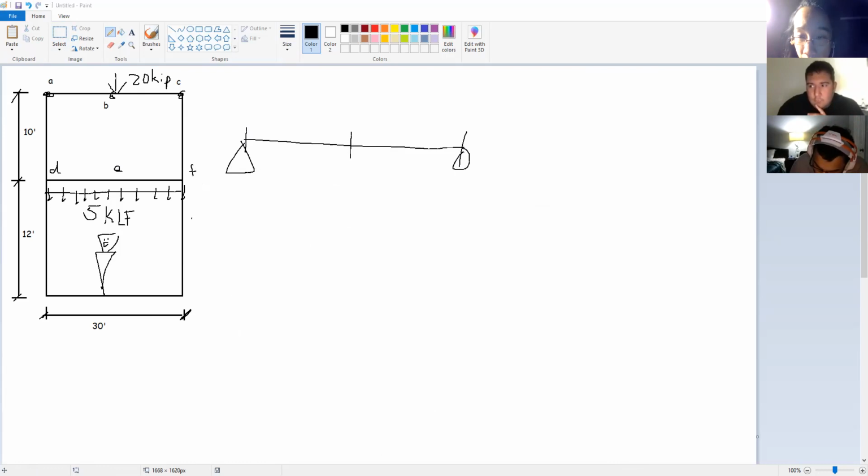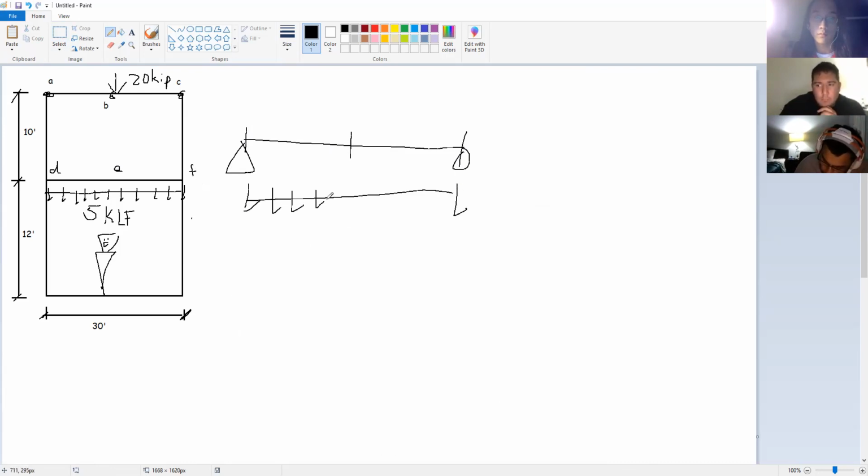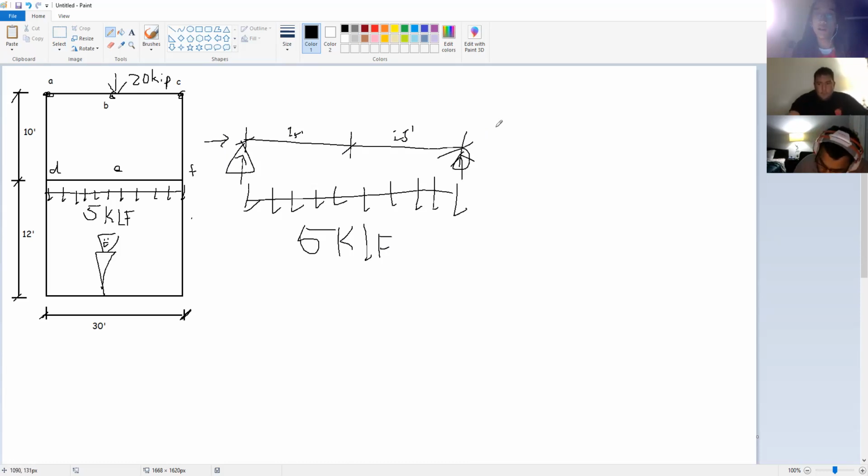We had a pin and a roller. Five KLF, that's 15 feet, 15 feet. So there's a reaction right there, and a reaction right there.